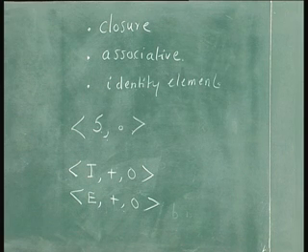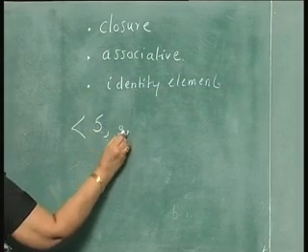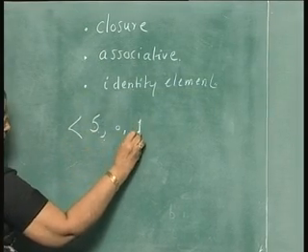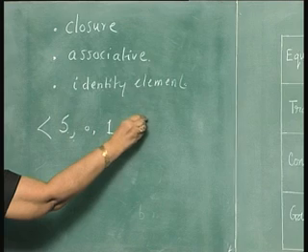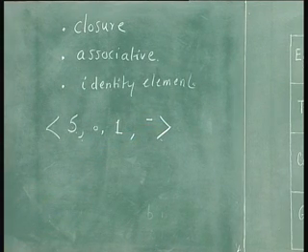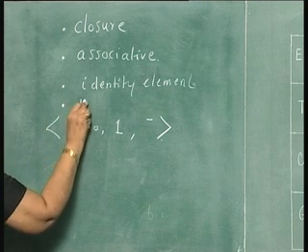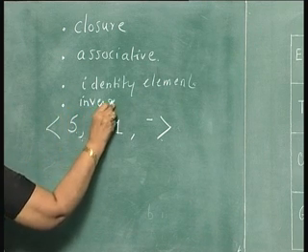Next we add one more condition, which is the existence of an inverse element, that is called a group. So, we have considered an algebra with the carrier S, a binary operation, an identity element 1, and then one unary operation also, which is existence of inverse element.